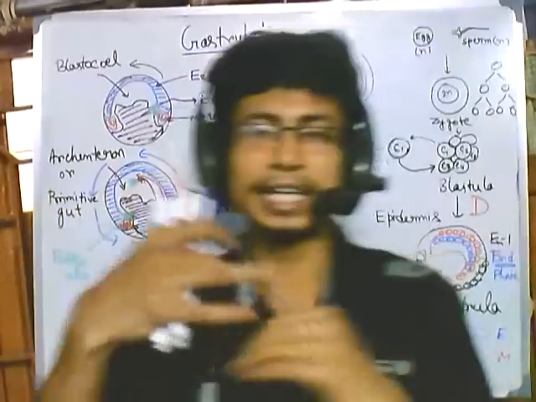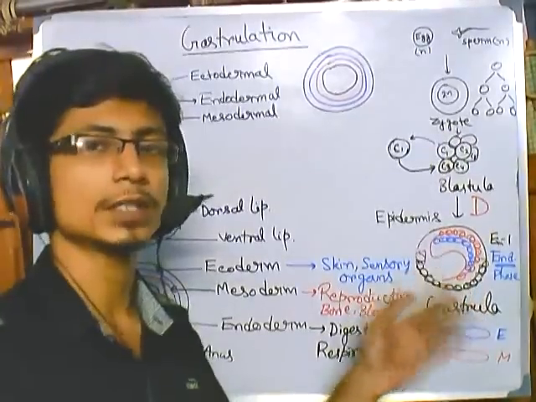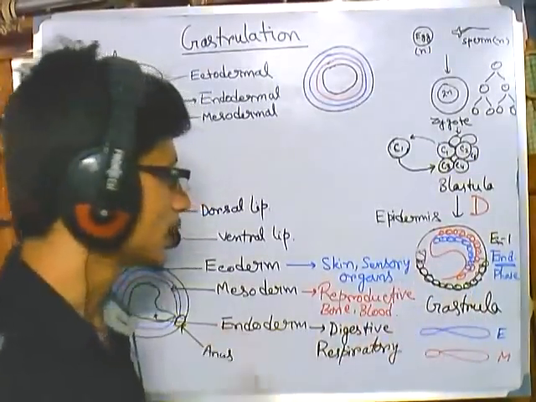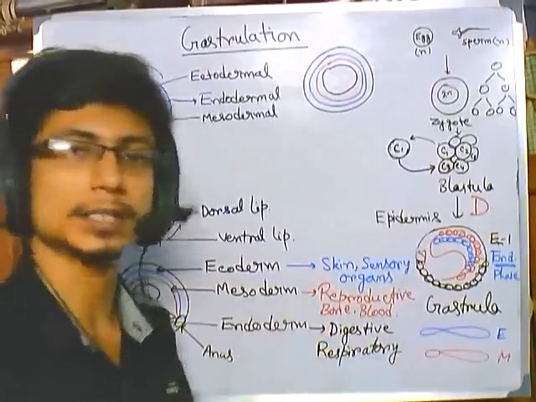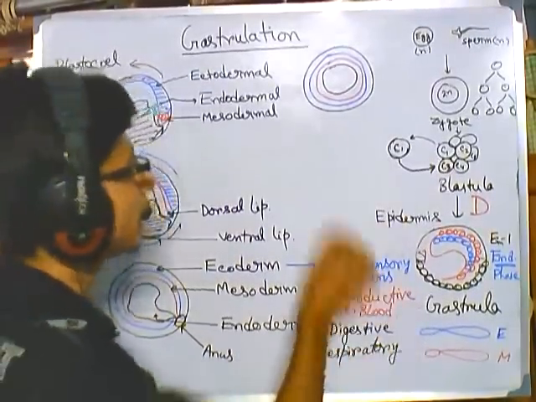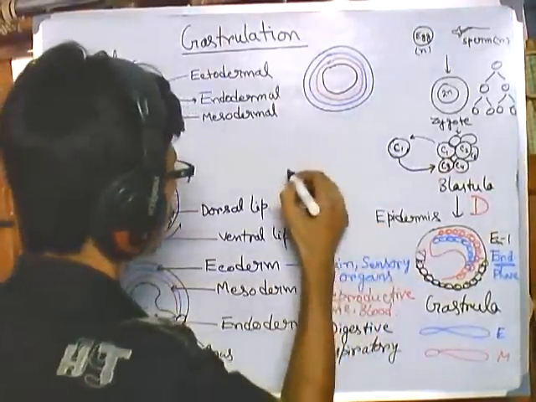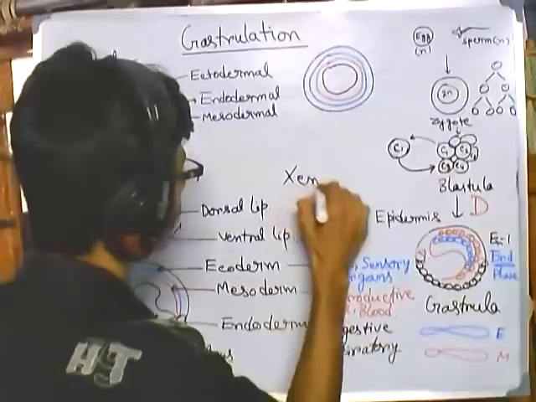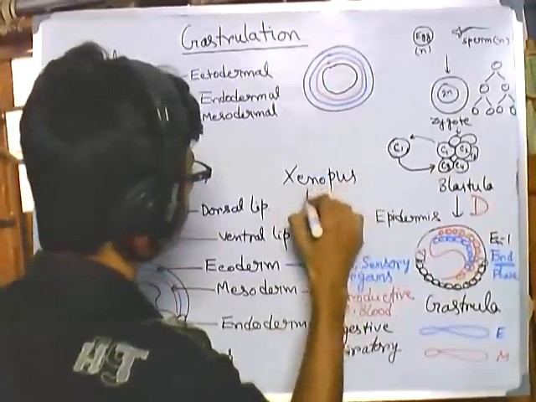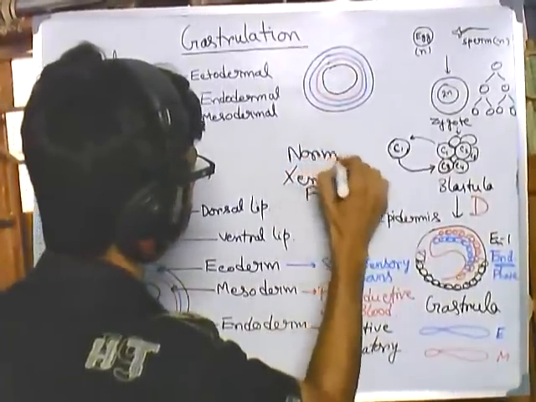So this three-layer arrangement of the cells during gastrulation is very important for the commitment of those cells to produce specific organ systems. Then, combining them, we can have what is called an organism. Here in this case, a Xenopus frog, a normal Xenopus frog.